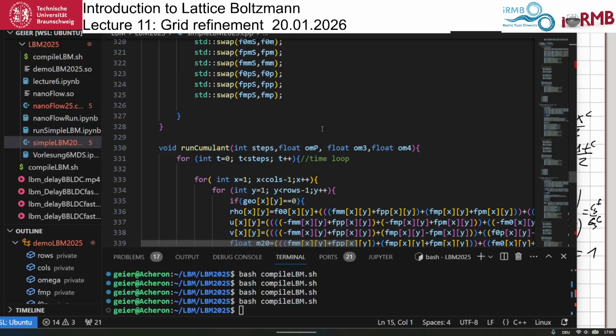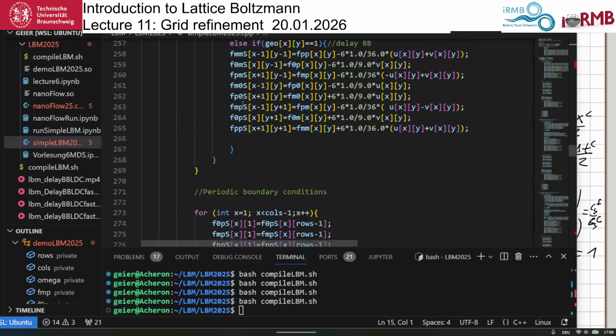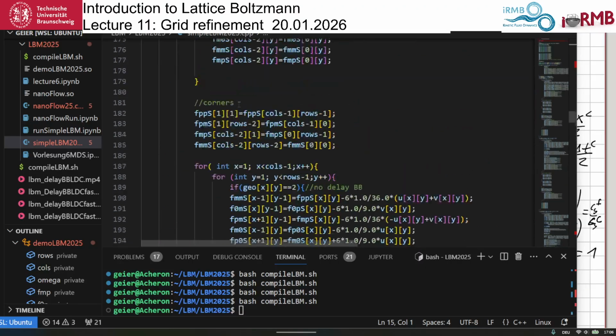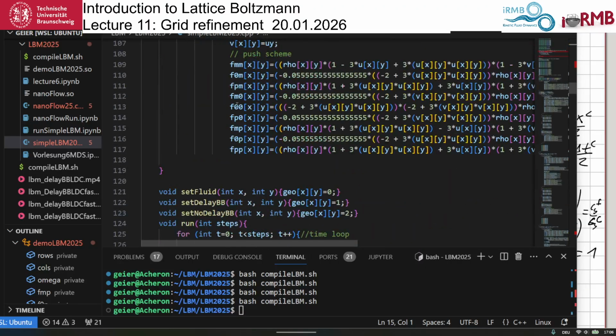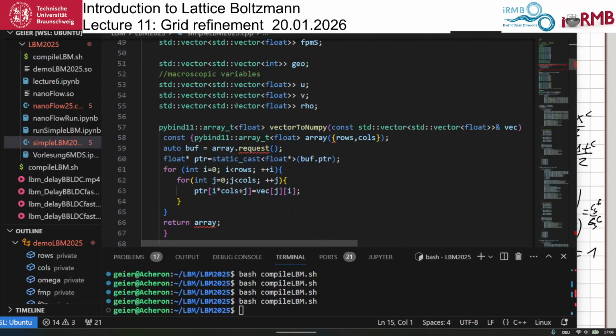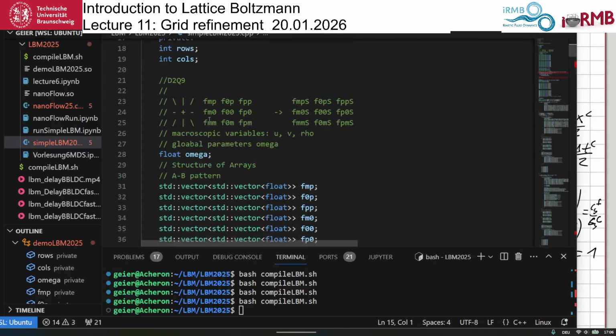One single patch, where you have your big grid, and then somewhere you place a small patch of another grid.